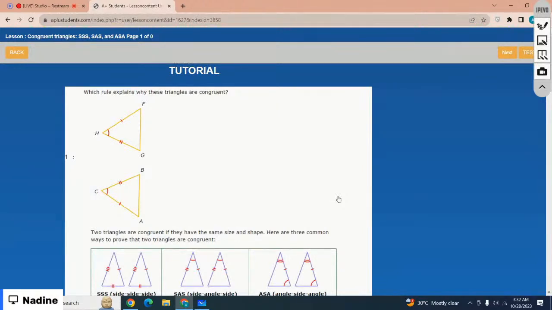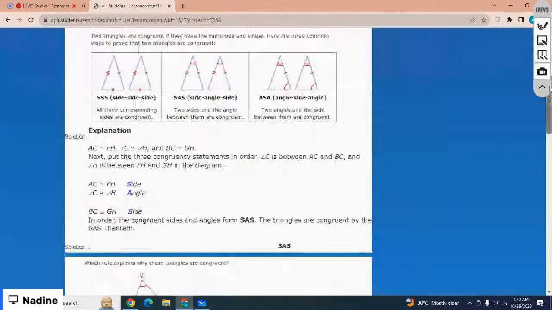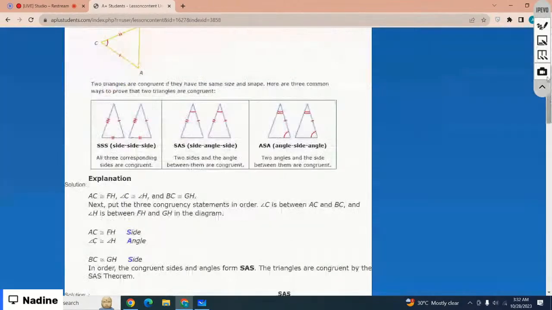Okay, which rule explains why these triangles are congruent? Just look at the side, angle, side. If all three sides are congruent, you can say that is side side side, right?